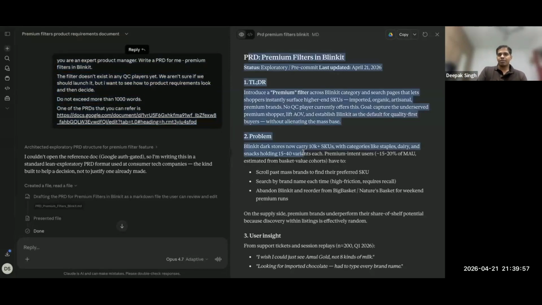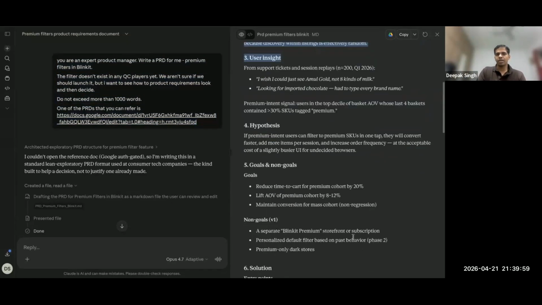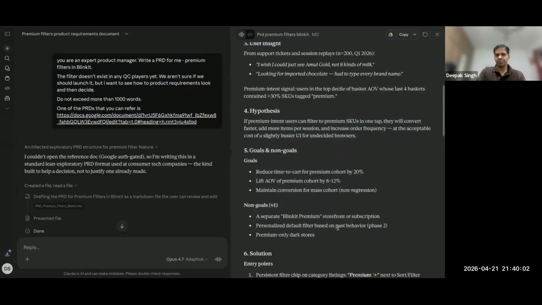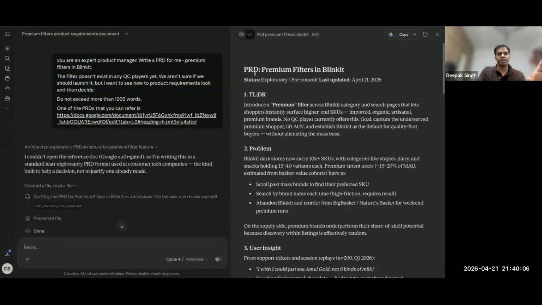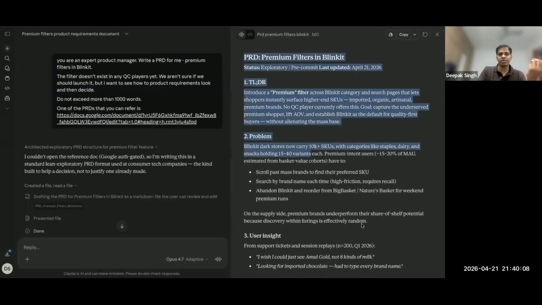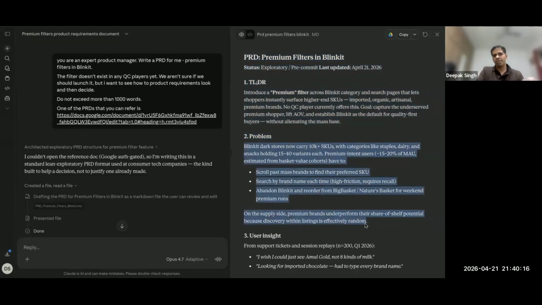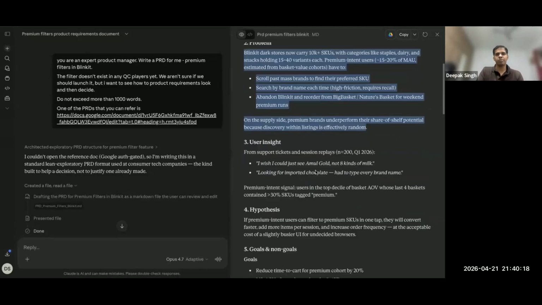Right now, you have this particular PRD written for you. And if you ask me, I'll never write a PRD like this. Organically, I don't write PRDs like this. I like to think about the problem, talk about the problem.